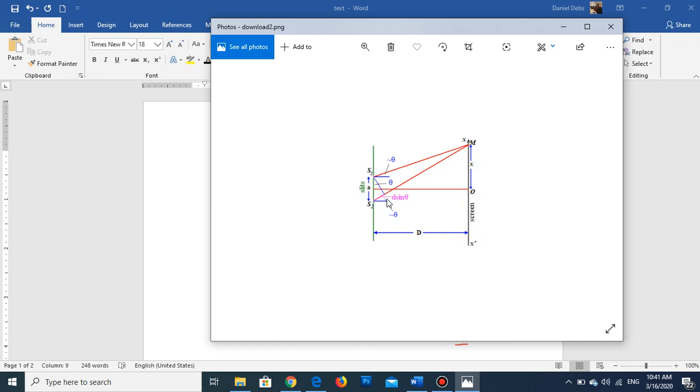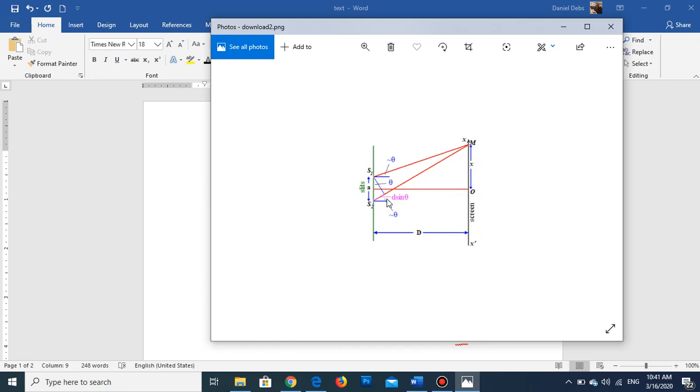We always start with SS2 plus S2M, and then SS1 plus S1M. This is called the optical path difference at point M. So if I choose another point N, the optical path difference at N will be SS2 plus S2N minus SS1 plus S1N.